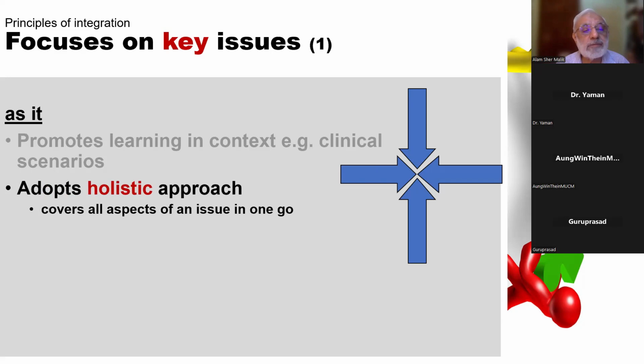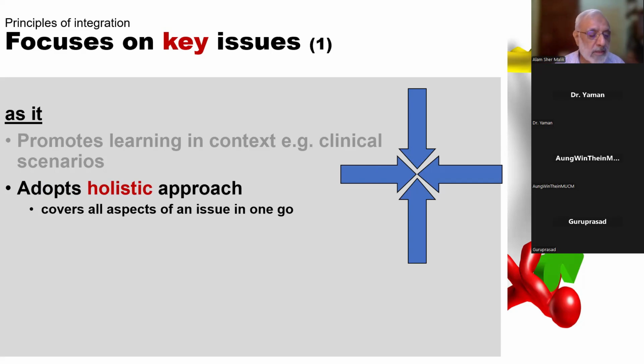Second, it adopts a holistic approach, which means it covers all aspects of an issue in one go. Traditionally, we teach the normal first and then the abnormal, or physiology in preclinical and pathology later. But in an integrated curriculum, both go side by side.